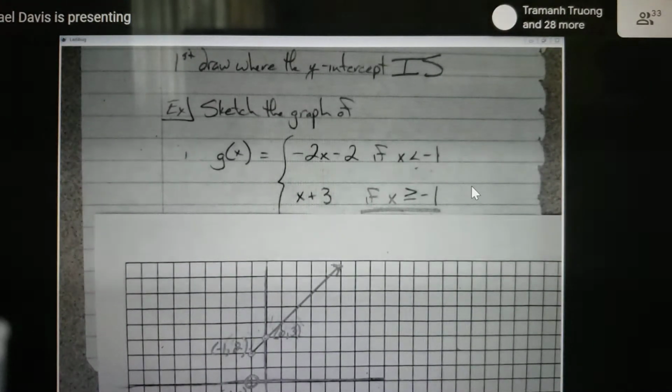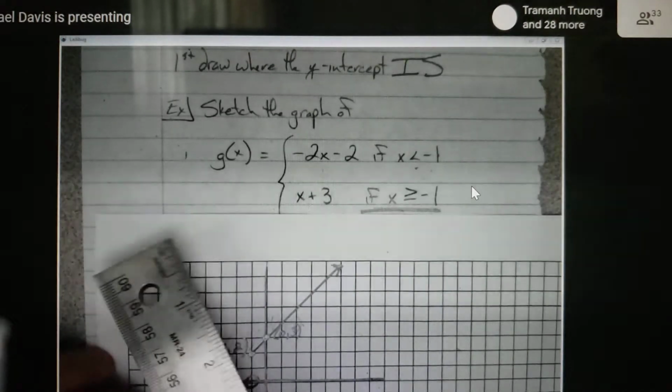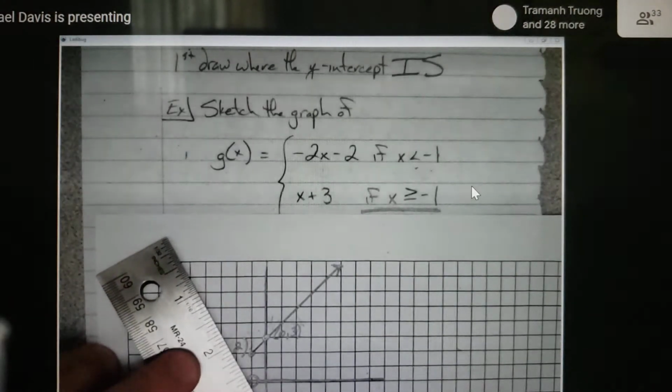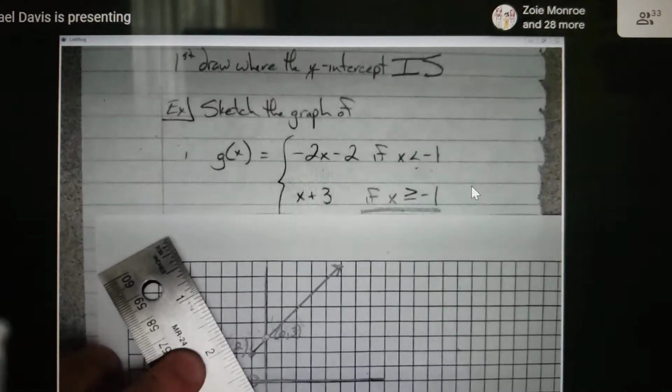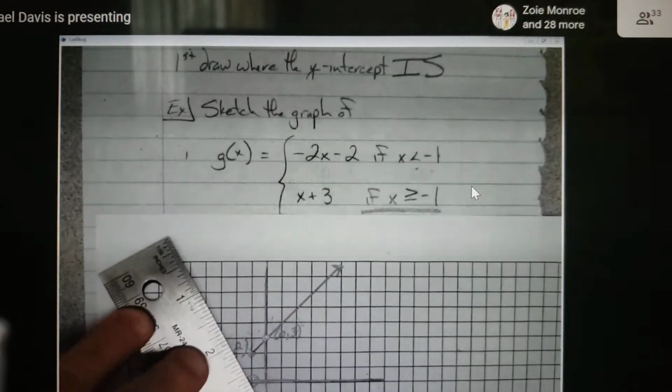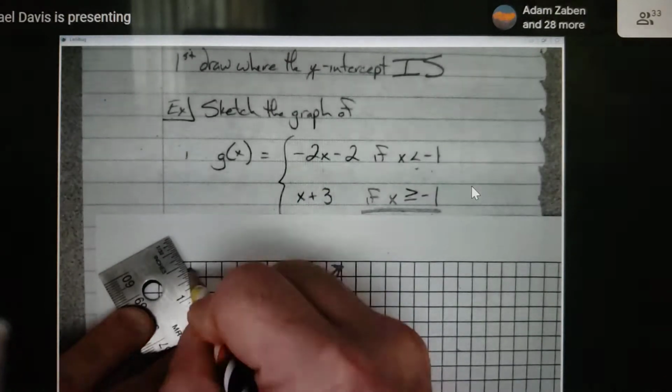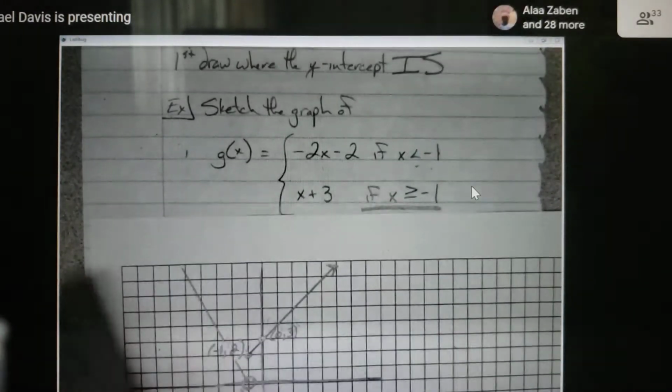So I've got 2 locations. It's not really 2 points, it's 2 locations. When I put my straight edge down, I'm only going to draw the line where my x-coordinates are less than negative 1.